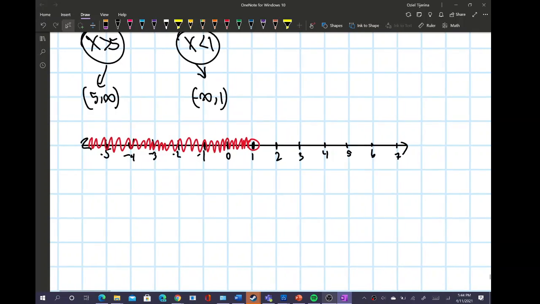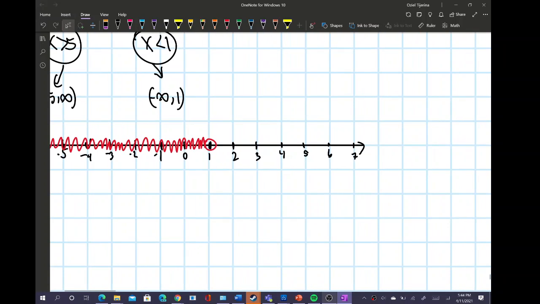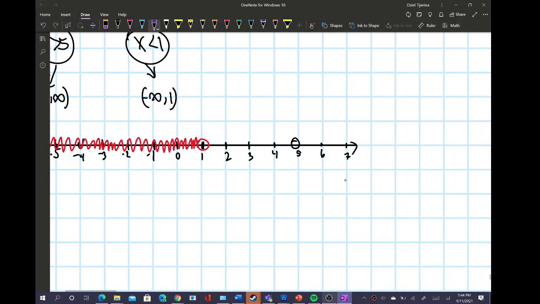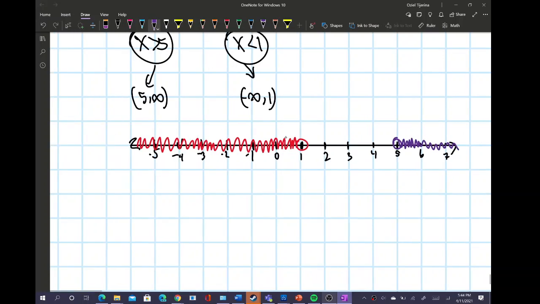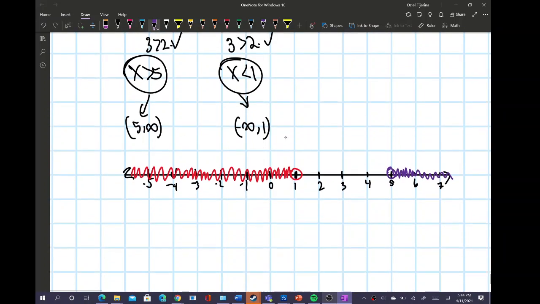And then you go from 5 to infinity, so you would go over here. So that's how you would graph it.